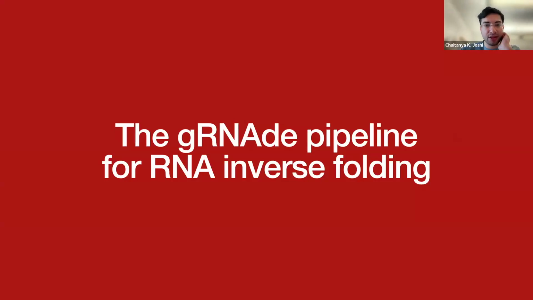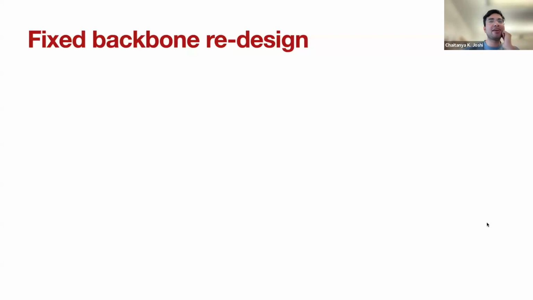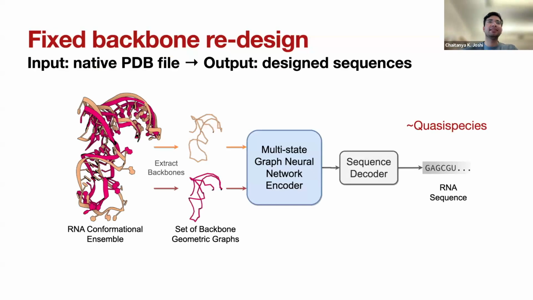Now when we start thinking about what we've built, we call it gRNAde, and it's a pipeline for inverse folding or fixed backbone redesign. It's taking as input a PDB file and it's outputting designed sequences, with the idea being that you can sample many sequences for your backbone and essentially look at a quasi-species population, or you can look at what is the diversity of sequences that could form your tertiary structure or your tertiary motifs.